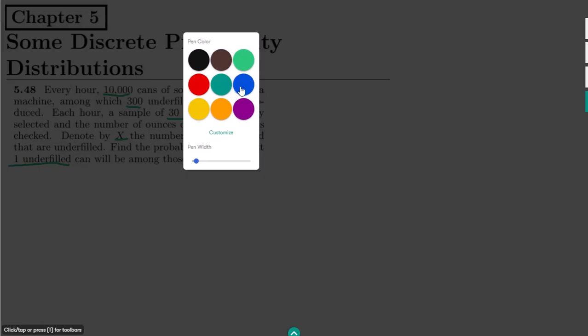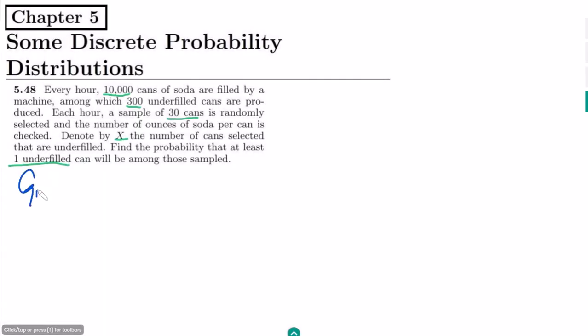First of all, let me write the given data here. The total number of cans here is 10,000, and 300 are underfilled.